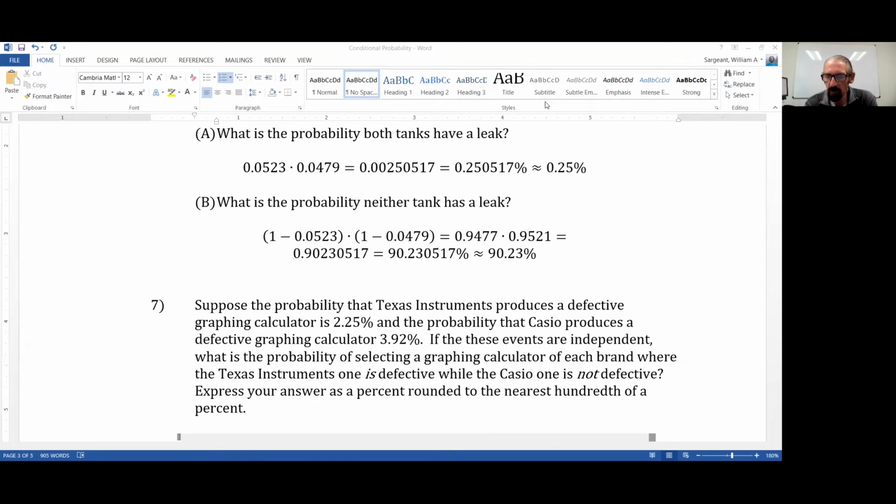And so with that stated, without using any Venn diagrams, here are two more examples similar.